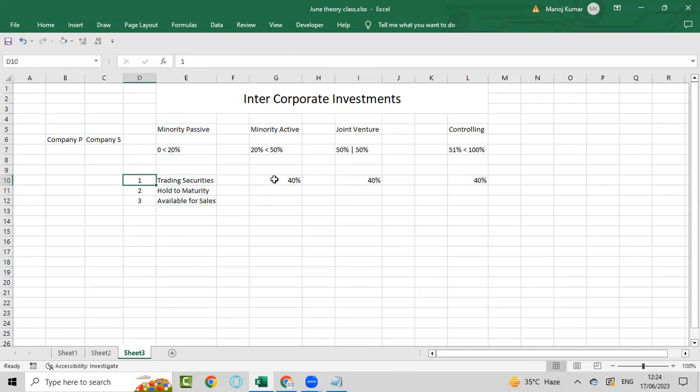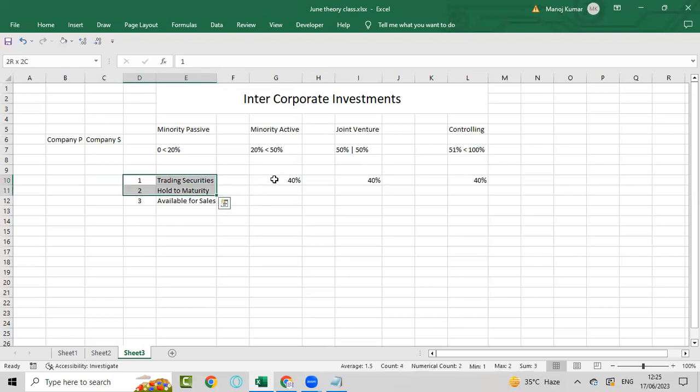In which category this investment will be placed will depend on the objective of that investment. One company has invested in another company. What is the objective? Do you want to trade? Yes. So it will be called a trading security. Tata has acquired 10,000 shares of Asian Paint, and maybe it wants to trade in the shares. After some time, it will sell it and make some profit. That is the objective. So it is called trading security.